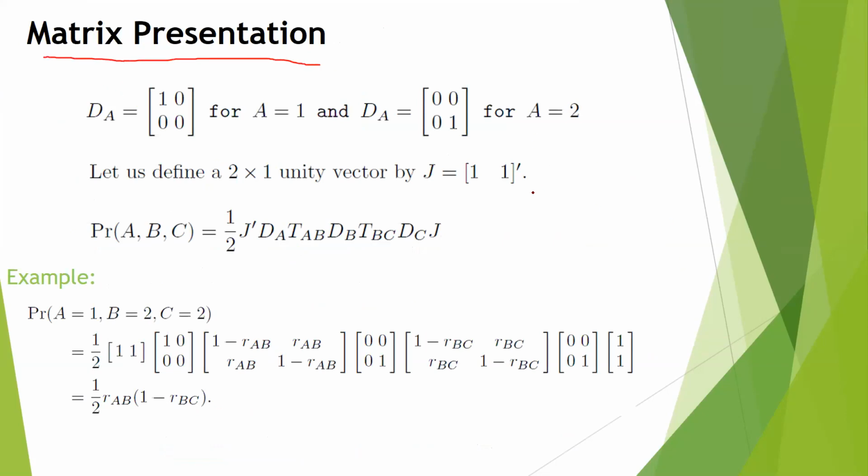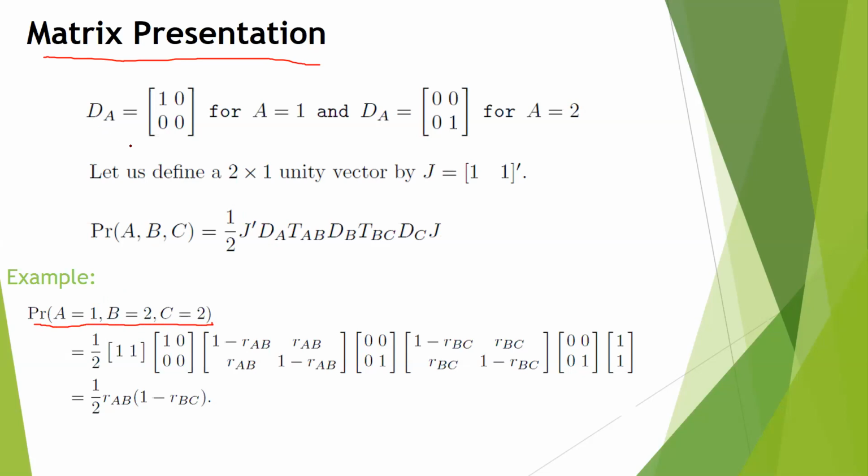So for example, from the same backcross design, if we want to calculate the joint probability of this genotype, A equals genotype 1, B equals genotype 2, C equals genotype 2, we can use matrix calculation.